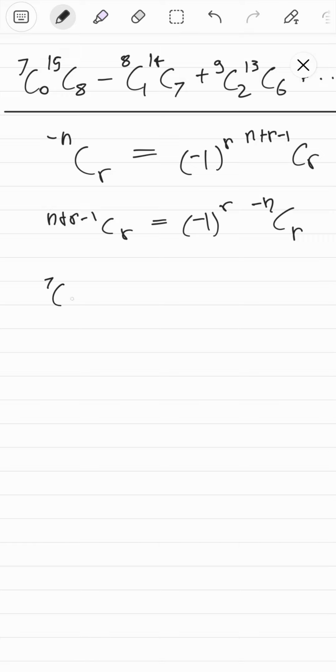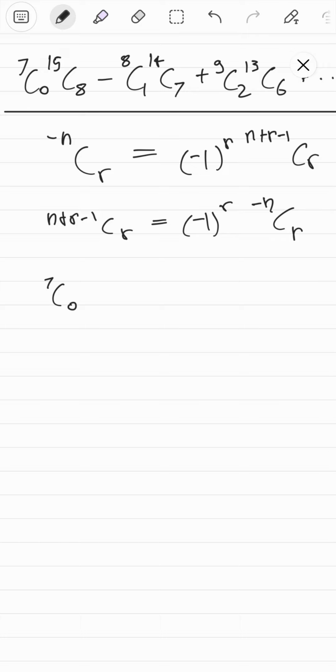First you have 7C0, the first binomial coefficient. We are going to convert all of these positive coefficients to negative coefficients, and our main aim is to make the n values constant so that we can figure something out, because right now these are all changing. We want the n values to be constant.